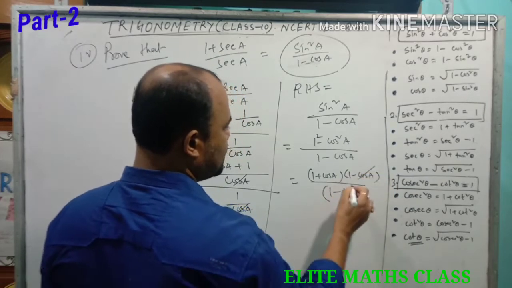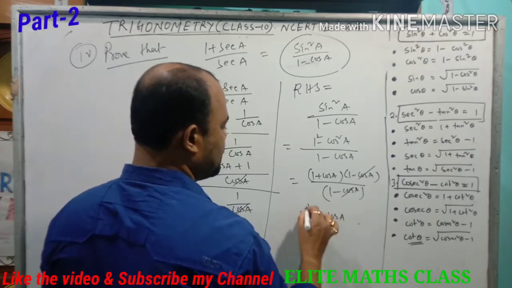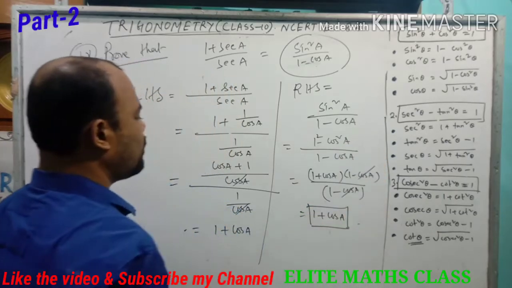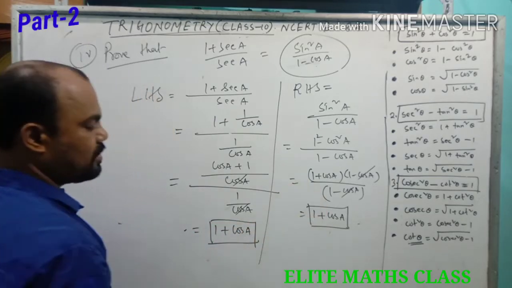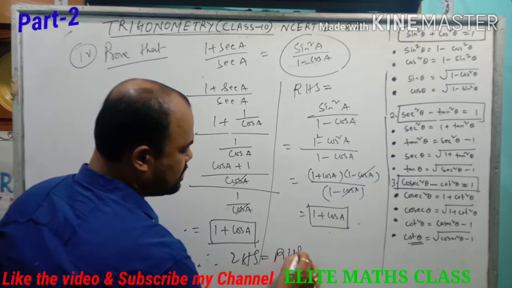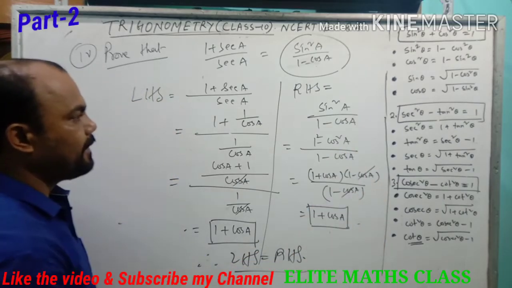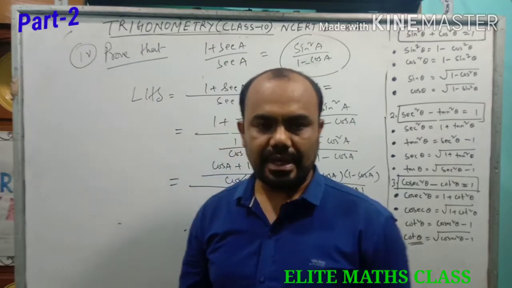So it is 1 plus cos A into 1 minus cos A, over 1 minus cos A. This one cancelled, 1 plus cos A. See, what is the value of RHS? 1 plus cos A. What is the value of LHS? 1 plus cos A. Therefore, we can write LHS equal to RHS. Clear? In this way also you can prove this type of problems.